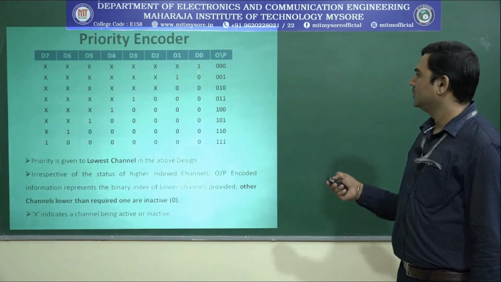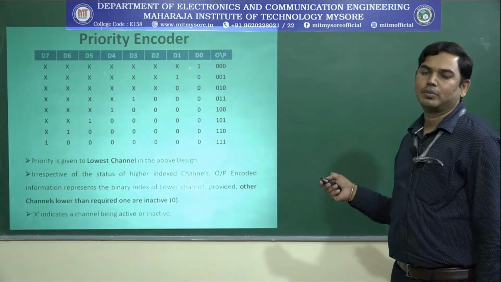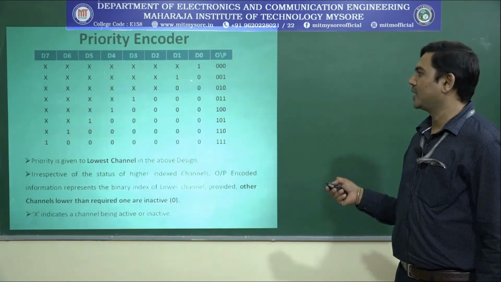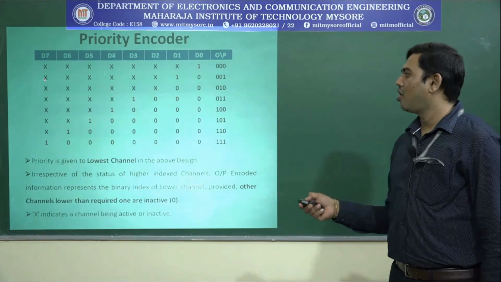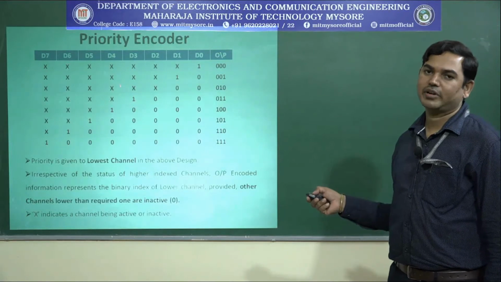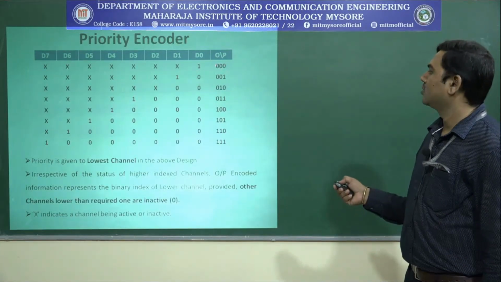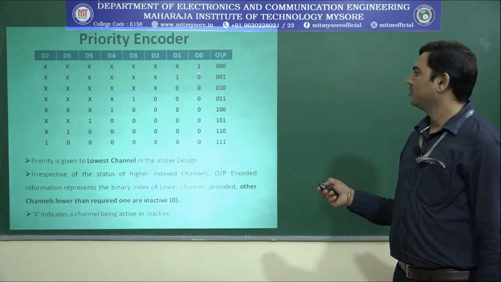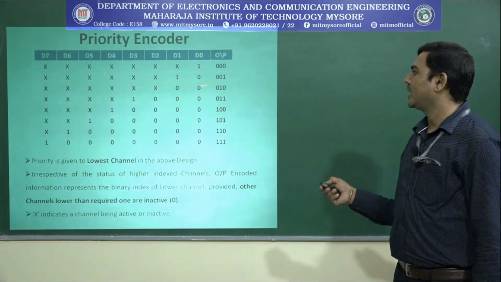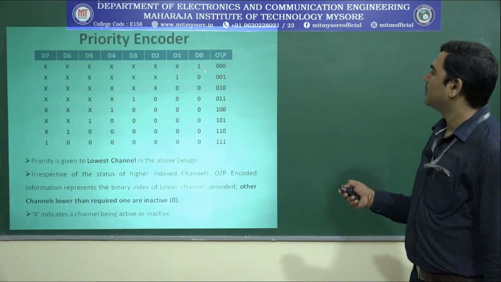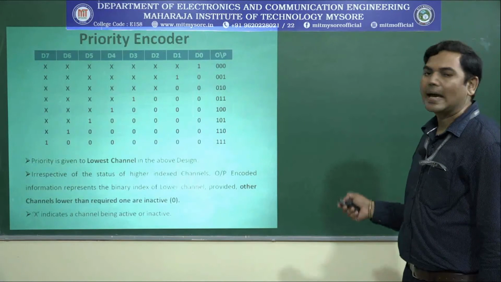And look here, the D0 channel should be 0. D0 should not be activated. If you press D0 and all other 6 or 7 channels, again the encoder will simply output 0. So, we are trying to write a functional table for a priority encoder with the highest priority given to the LSB.